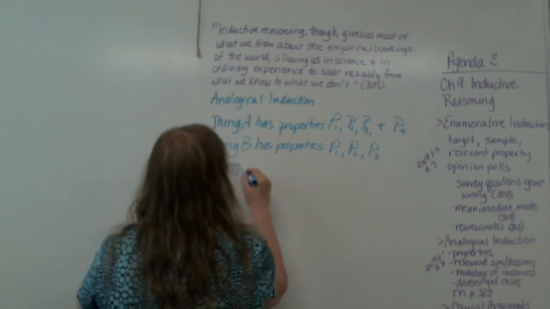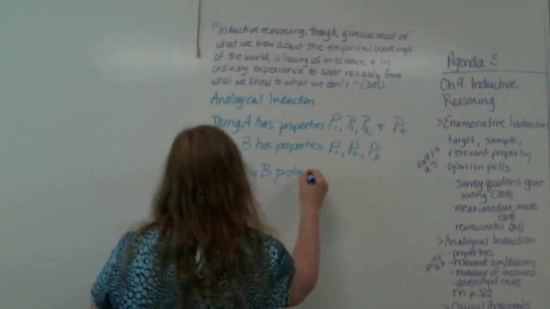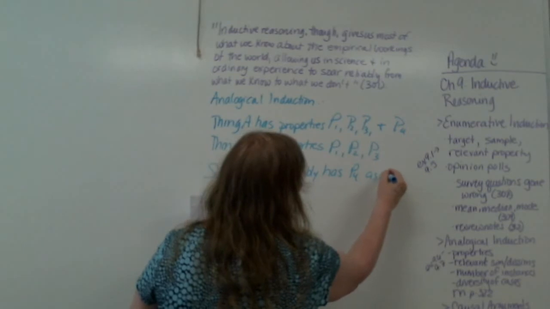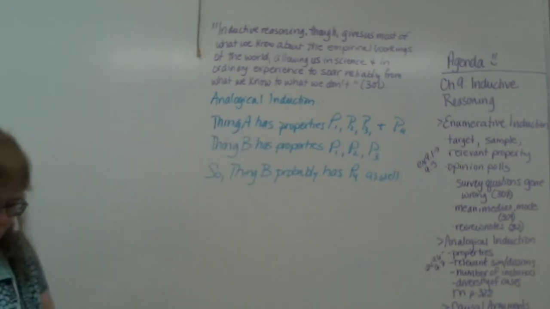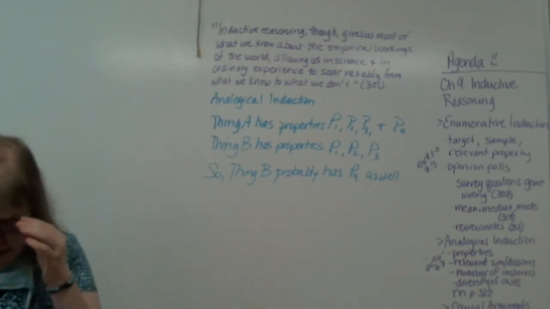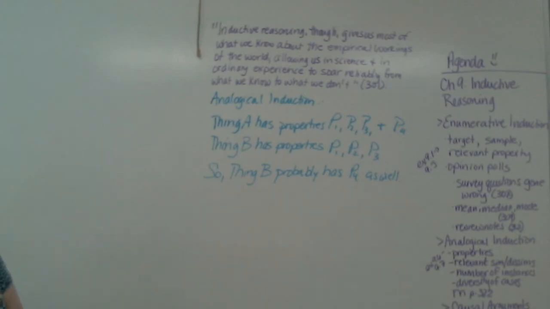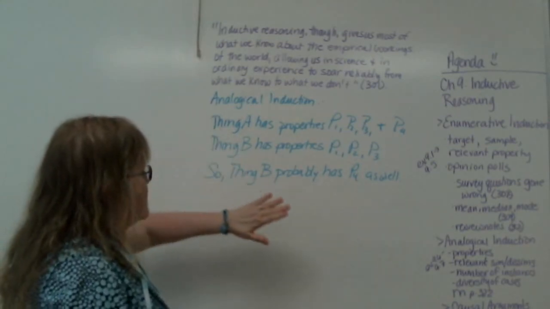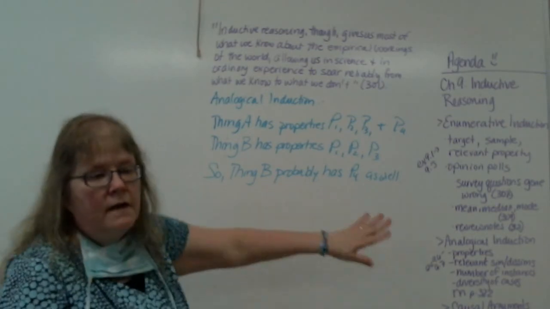So thing B probably has P4 as well. Okay. That sounds pretty normal, right? We have this idea here that there are things that are very similar, and so they're probably similar in this other thing too. Not too hard, right?